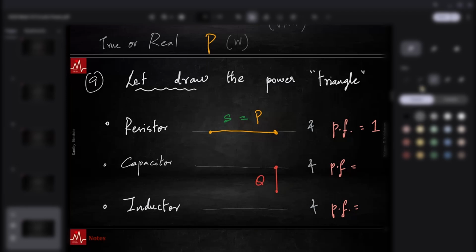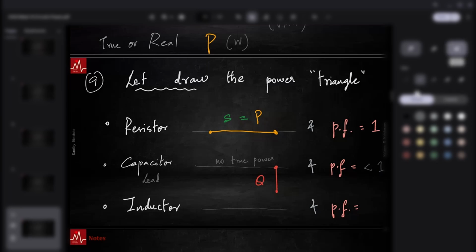Let me also write it down. There is no true power. And it's pointing downwards because sine of minus 90 is negative. So capacitor, this is leading power factor, is less than 1.